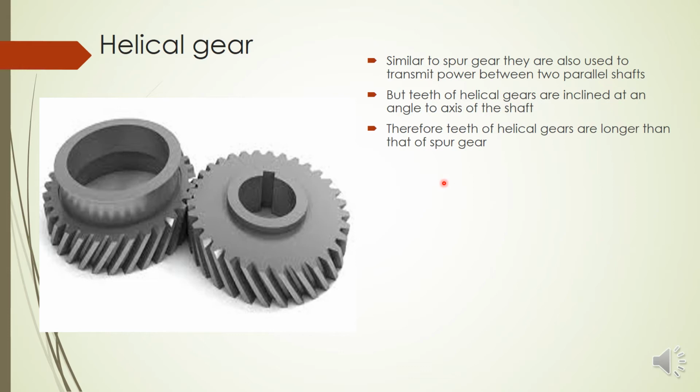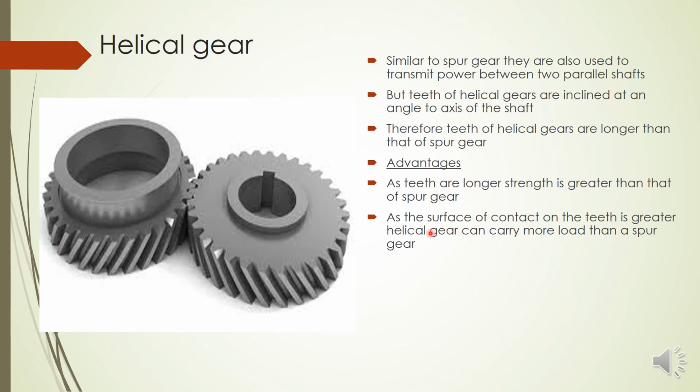What is the advantage compared to a spur gear? The main advantage is that since the teeth are longer, the strength is more. So the strength of a helical gear is more than that of a spur gear. And it has more surface of contact than the spur gear.